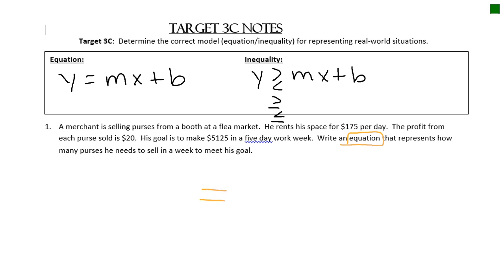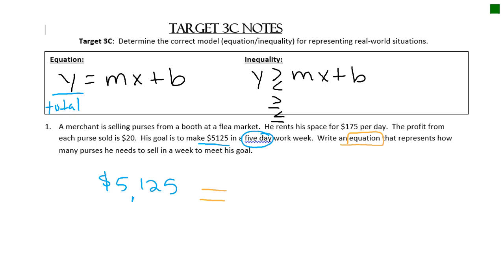Next you need to figure out the y part. Remember, y means total. Well, what's the total? What is his goal? His goal is to make $5,125 for how many days? For 5 days, right? That's very important. How much does he spend on his rent?